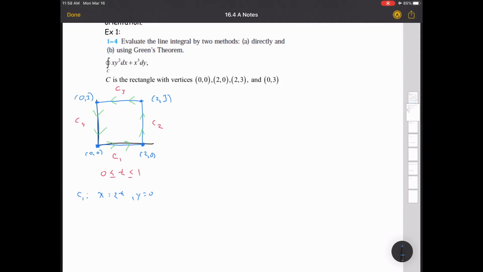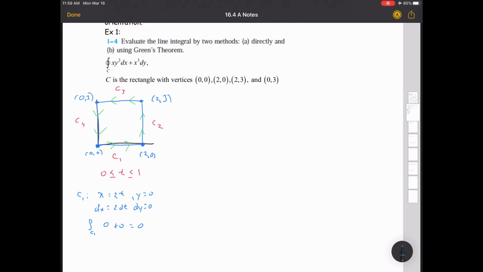So then when we go to parameterize this thing, we're going to need dx because it's in the original integral. dx is going to be 2 dt, and dy is going to be 0. So let's go ahead and look at our integral. Our integral over C1 is going to be, well, let's see, y is 0. So that makes the first part 0, and dy is 0, so that makes the second part 0. That's really nice. The first integral is literally just 0.